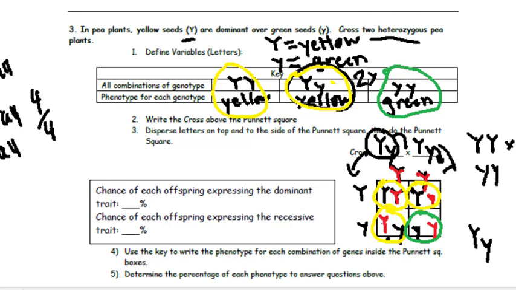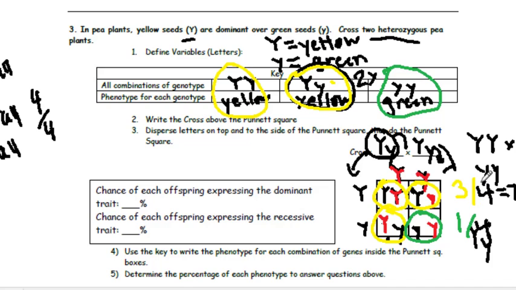So I have three yellows, and I have one green, and both are out of 4. I could have 4 total. 1, 2, 3, 4 out of 4. This equals 75%.